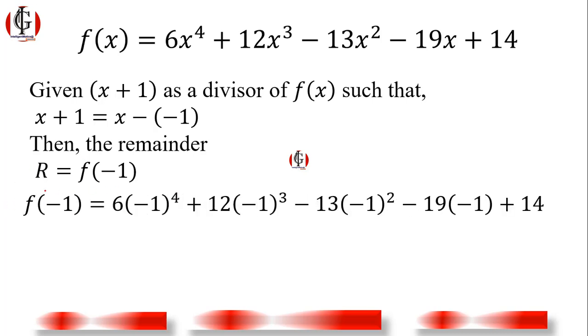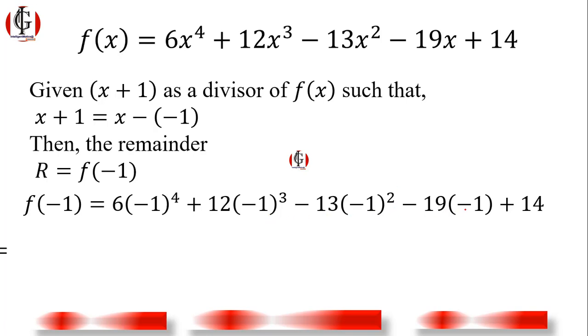So f of minus 1 is 6 into minus 1 raised to the power 4 plus 12 into minus 1 raised to the power 3 minus 13 into minus 1 raised to the power 2 minus 19 into minus 1 plus 14. So minus 1 raised to the power 4 is 1, minus 1 raised to the power 3 is minus 1, minus 1 raised to the power 2 is 1.